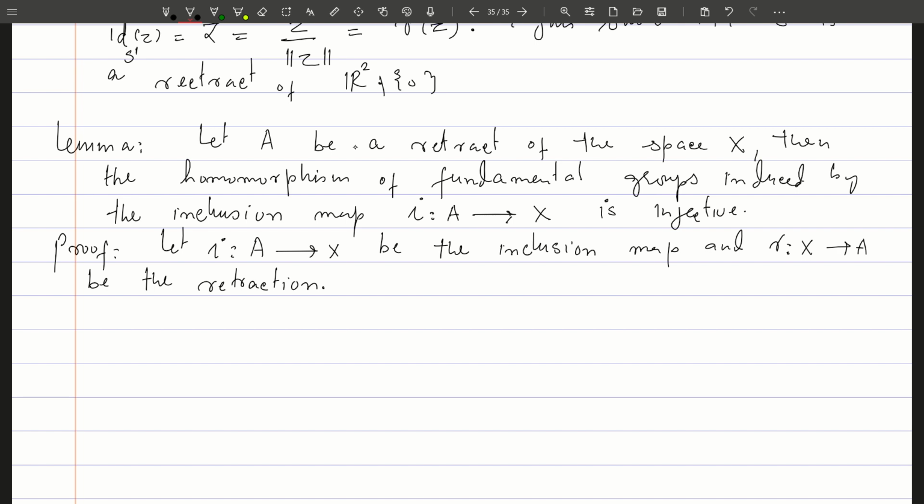Now one can note both the maps are continuous, so they induce the homomorphism of the corresponding fundamental groups.